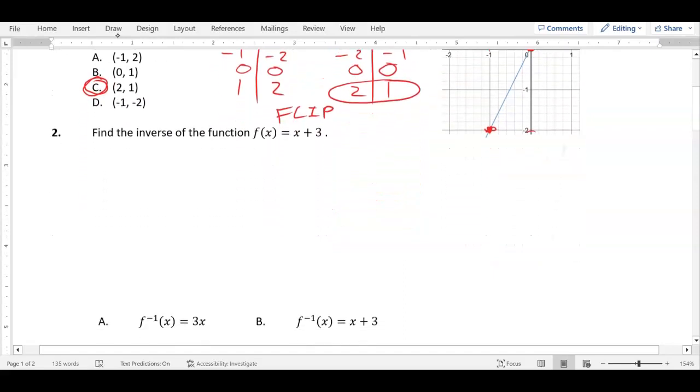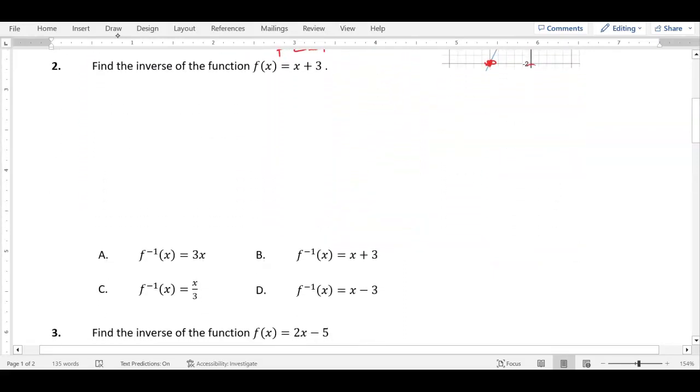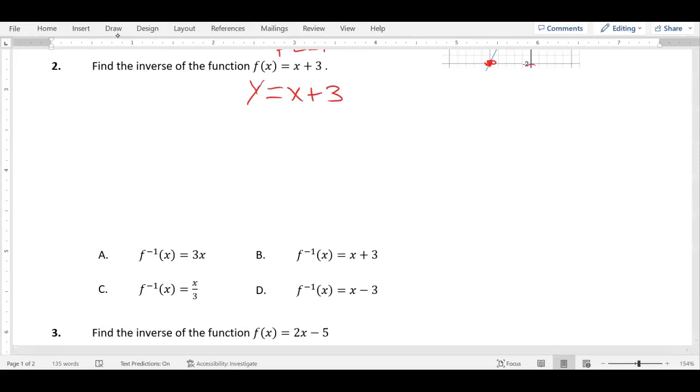Number 2, find the inverse of this function. Let's remember our 4 steps. First step, f of x becomes a y. Very important. Second step, switch x and y. Third step, solve for y. So I need to get rid of this loner. -3, -3, and the -3 goes after the x.